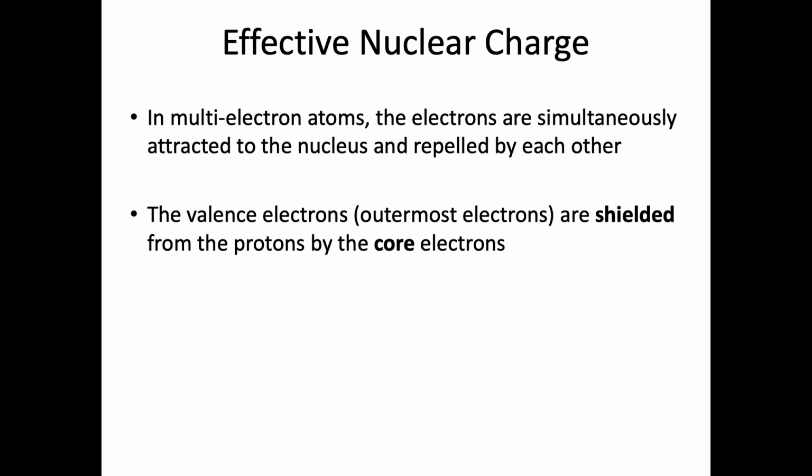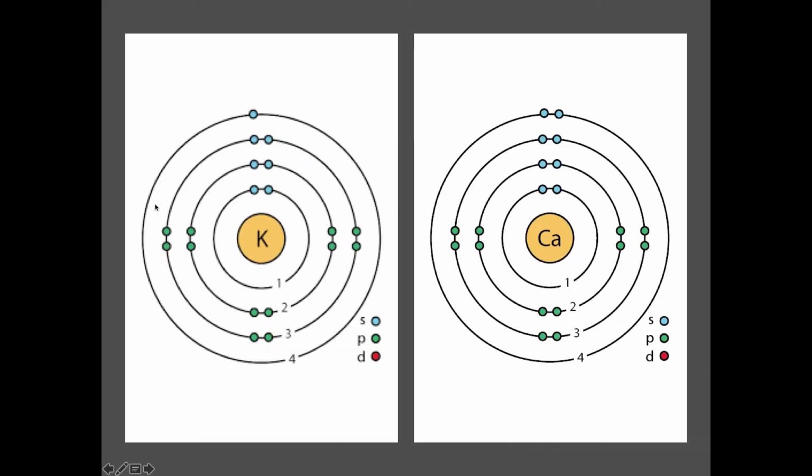So that's what we mean by saying the valence electrons are shielded by the core electrons. These core electrons here in this first, second, and third orbital are in the way of the valence electrons because they're so far out. And let's see if you can pull the idea together. The positively charged protons are located here in the nucleus.